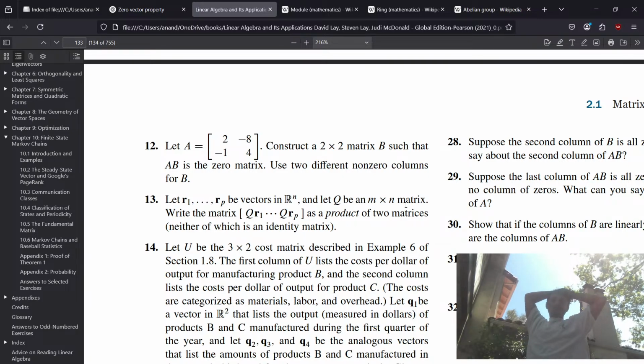If the columns of A are linearly independent, then I think the null space is only the zero vector. So it only has the trivial solution.